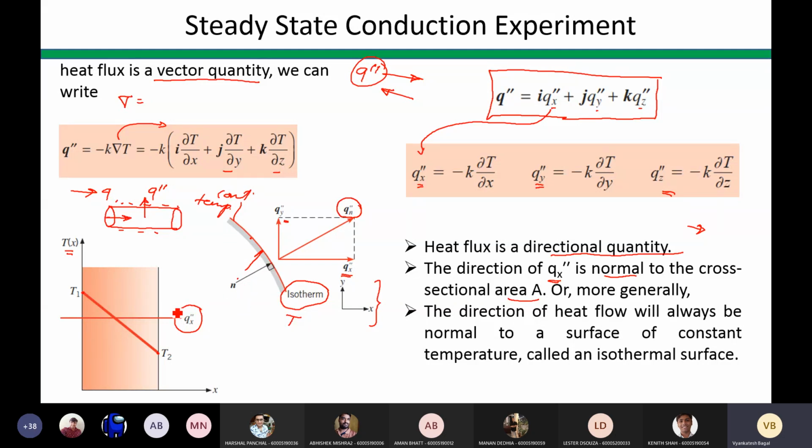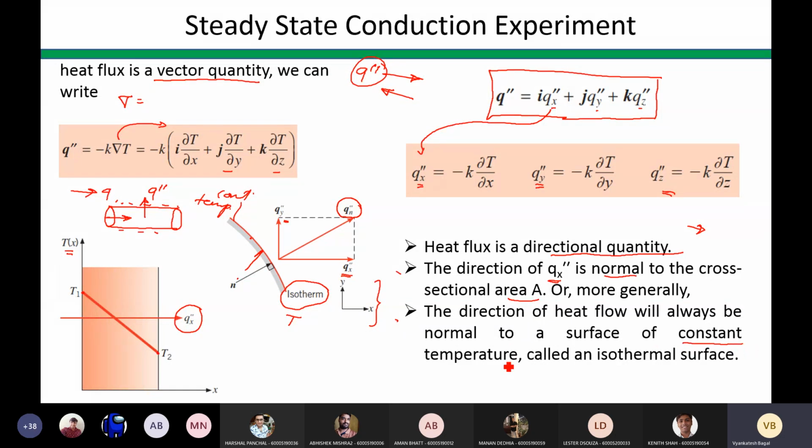So irrespective of the nature of the surface, the direction of the heat flux is always normal to the surface, right?